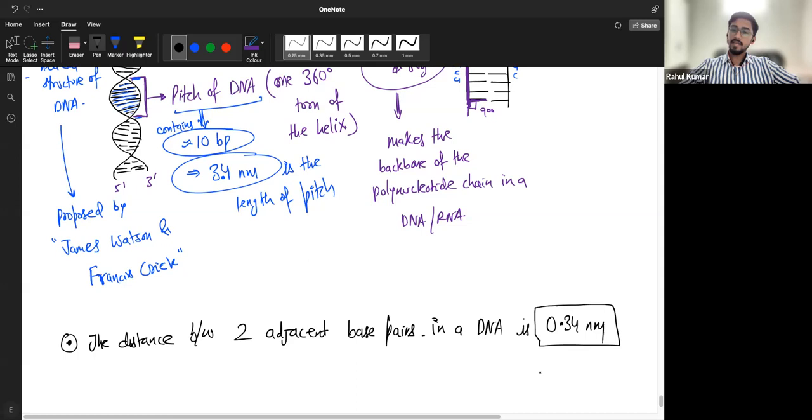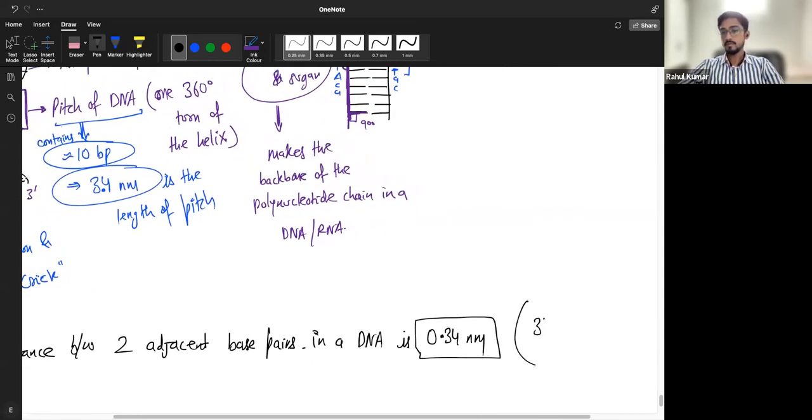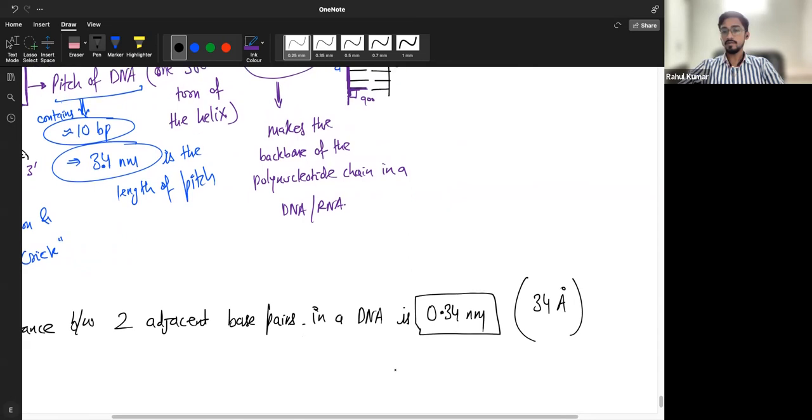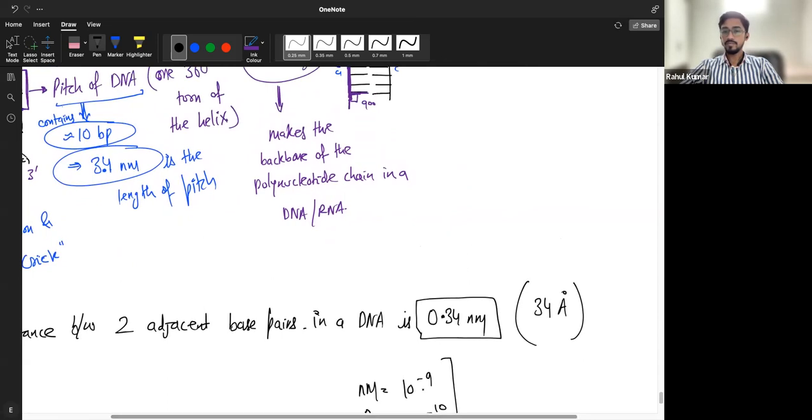If they ask in angstroms, then it will be 3.4 angstroms. What is nanometer? Nanometer is 10 raised to power minus 9, and angstrom is 10 raised to power minus 10. So you will just add one 0.